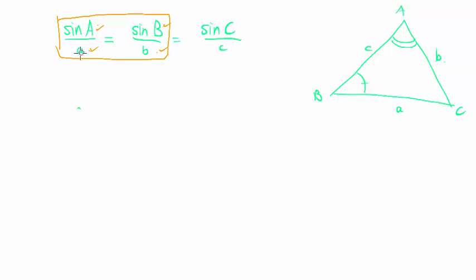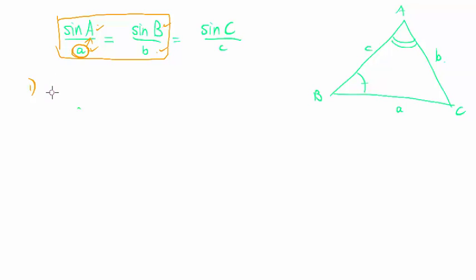Of the 4 parameters, let's say I'm looking for a side length. I have to have its opposite angle. So here's the condition. When will I use the sine rule?